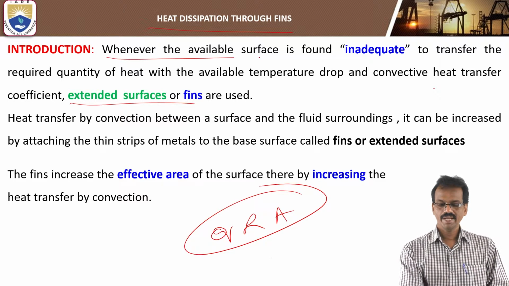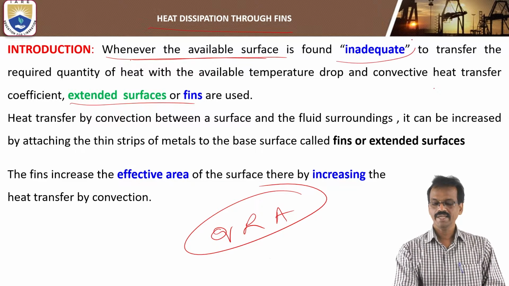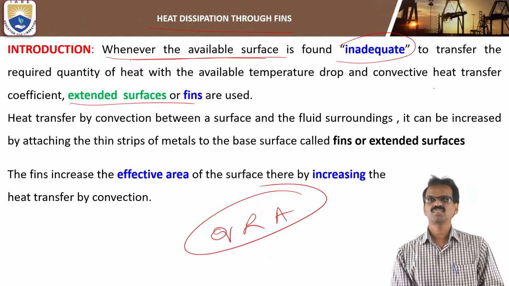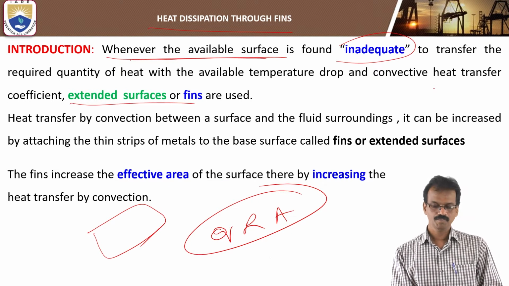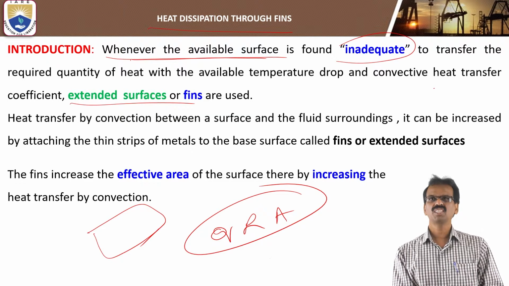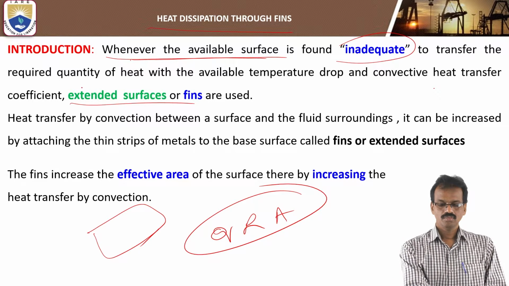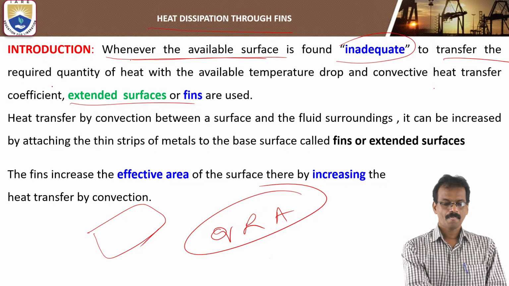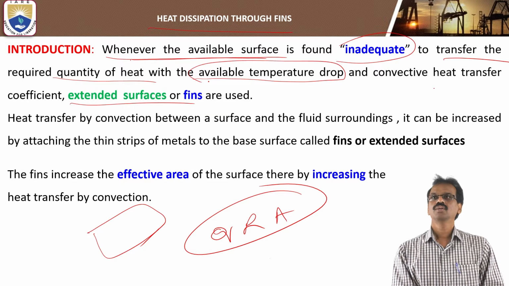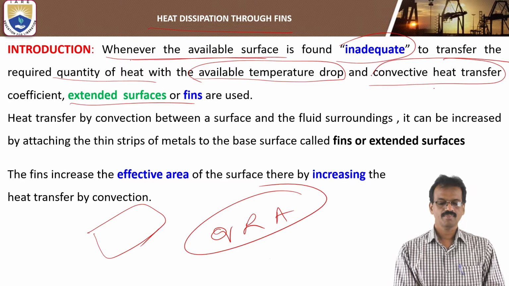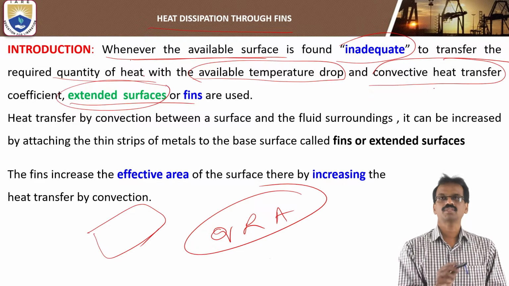So whenever the available surface is found inadequate, suppose the available surface of the engine of a motor vehicle or any bike is not sufficient to dissipate the required quantity of heat with the available temperature drop, then the convective heat transfer coefficient is enhanced by some external surfaces.